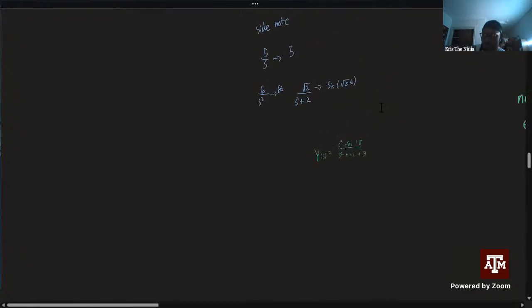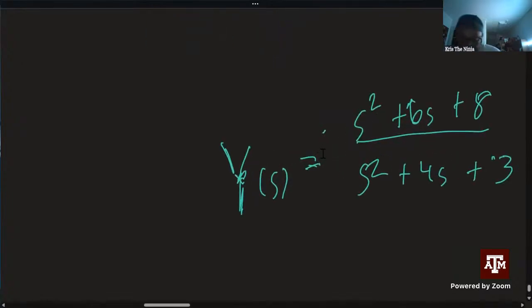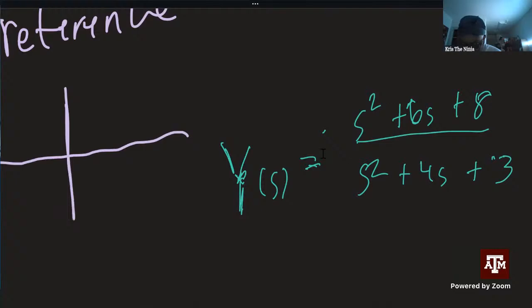So there we go. Let's work this one right here. If we had our base function as a ramp function, so let's say this is our base, our reference, not ramp, is it ramp?